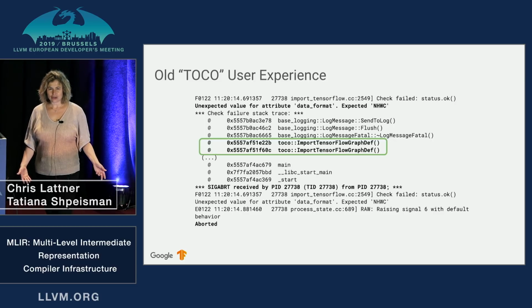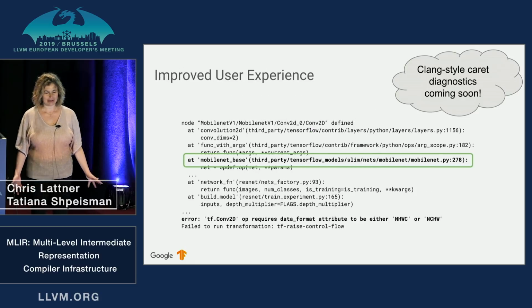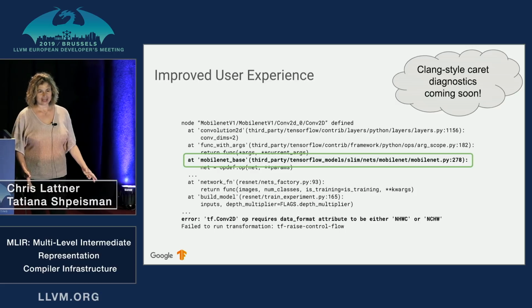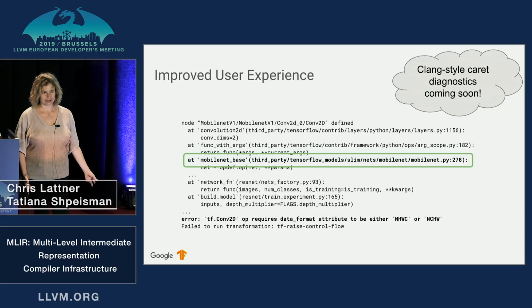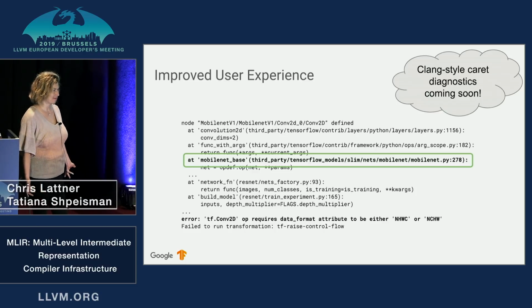If something is wrong with the input, then this is what you see: converter crashed, and there is a lot of information here which explains where in the converter it crashed, but it doesn't tell you anything about your model. With MLIR, it actually tells you what line of Python code has something which needs to be fixed. And if you ever spent hours trying to fix your program in the complete lack of informative error information, you can appreciate how important this is.